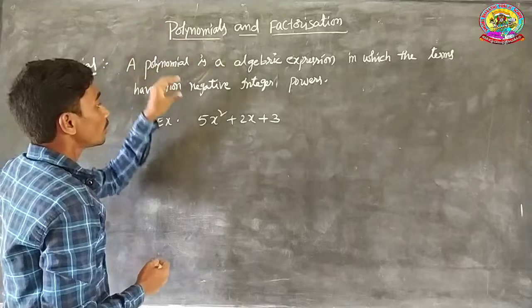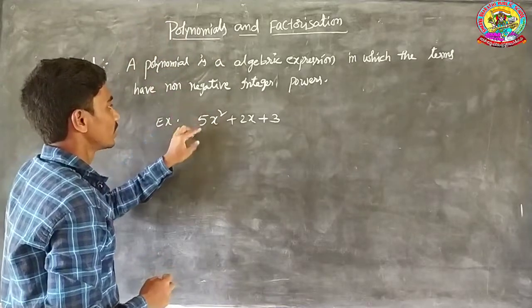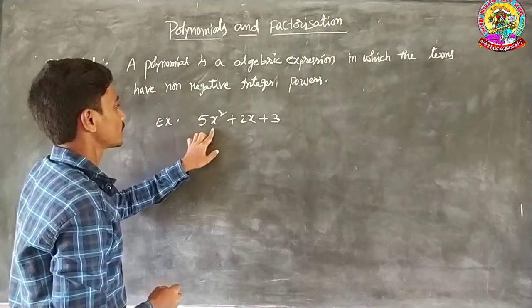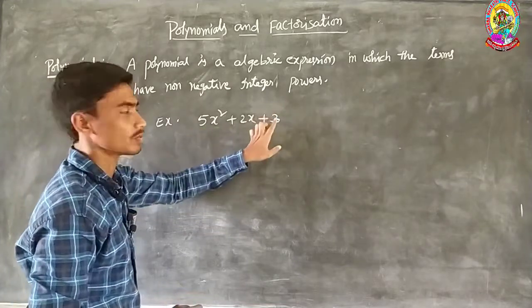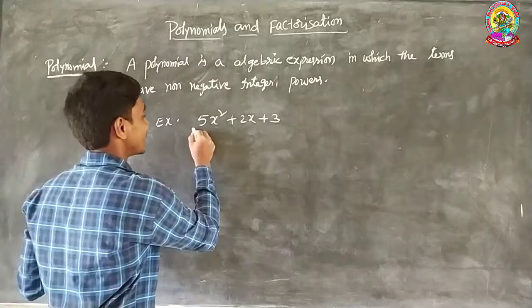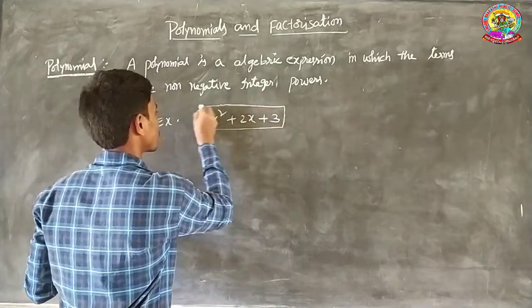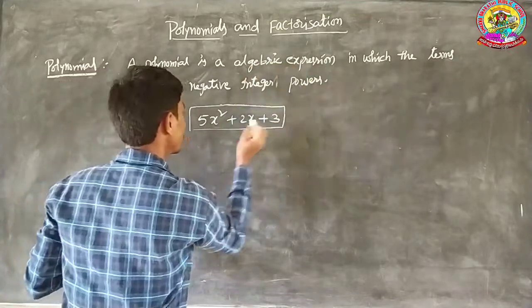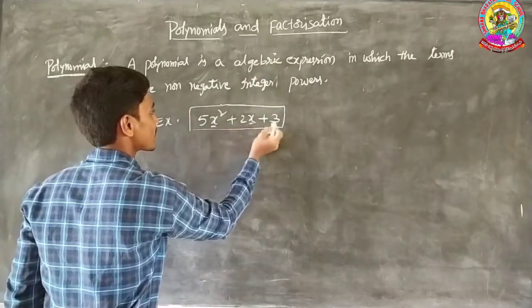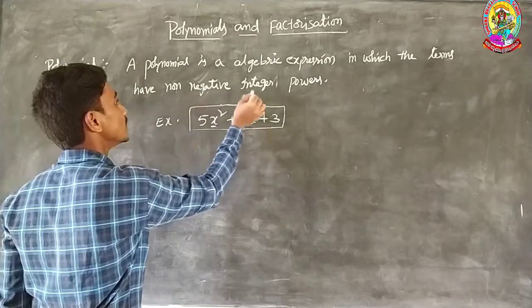Here the polynomial consists of a constant and variable, constant and variable, and a constant only. So here it is a combined expression. This is an algebraic expression in which each term must have a non-negative integer power.